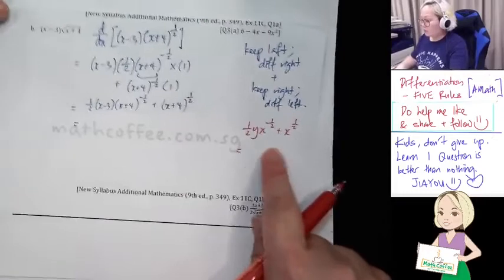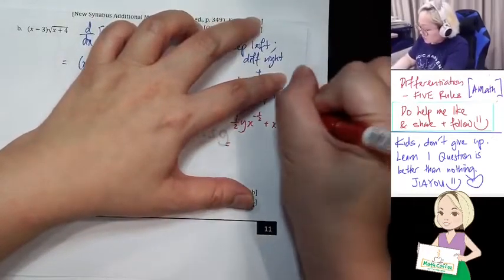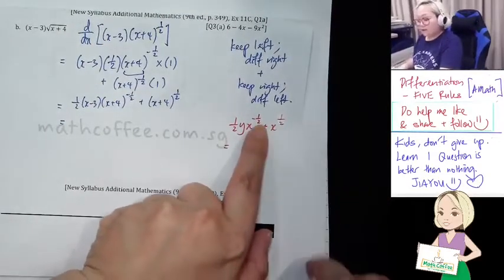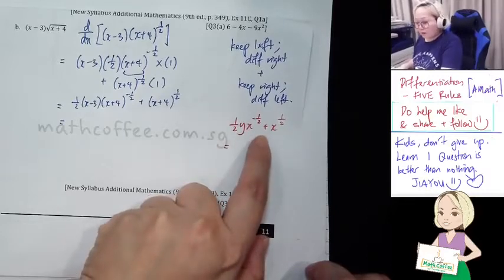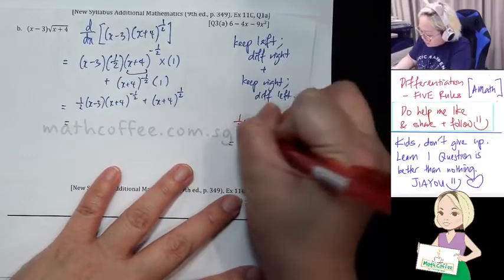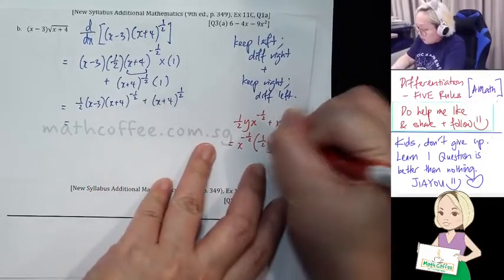I want to take out the common factor. Common factor, we always take the smaller one. So I'm going to take out x to the power of negative half, because negative half is smaller than half, correct? Open bracket. This one is just half y.